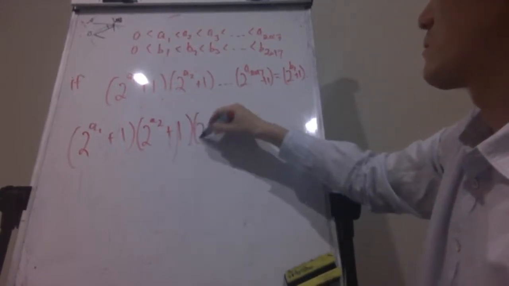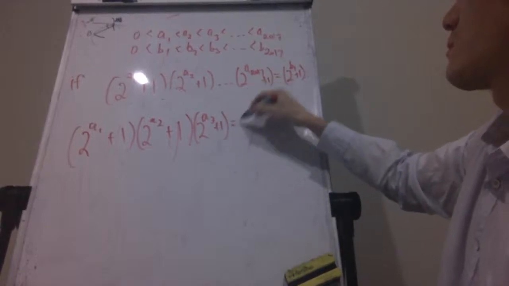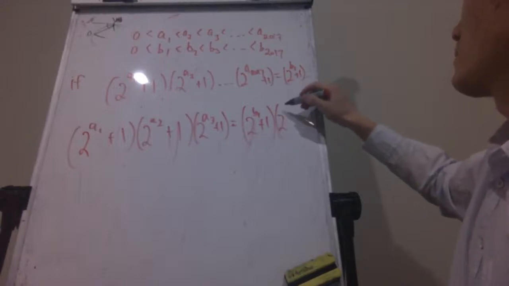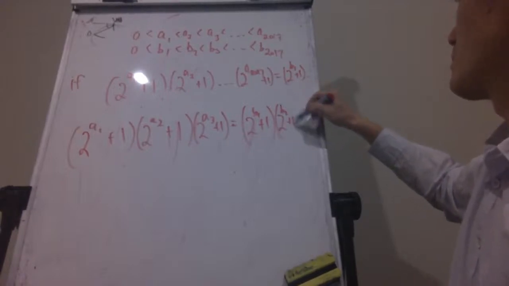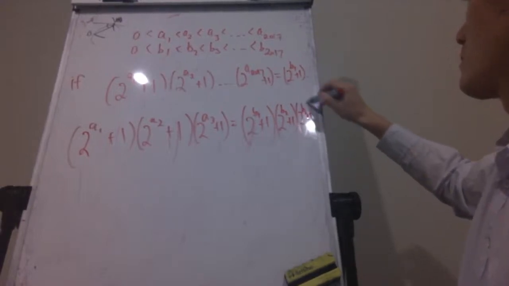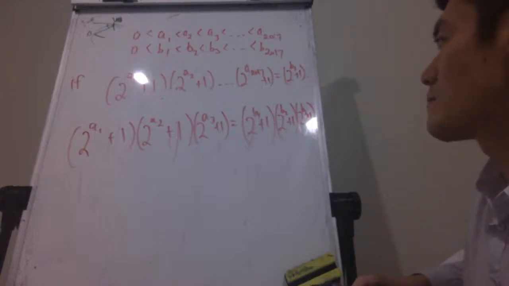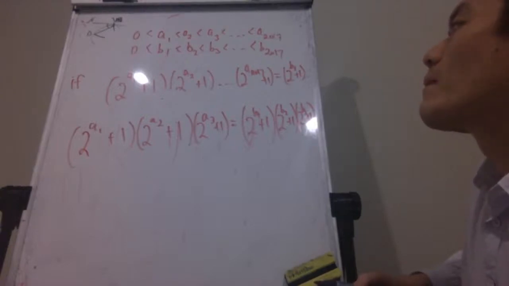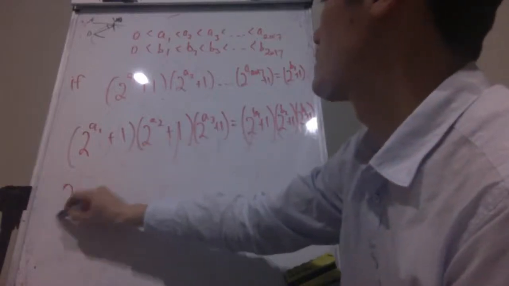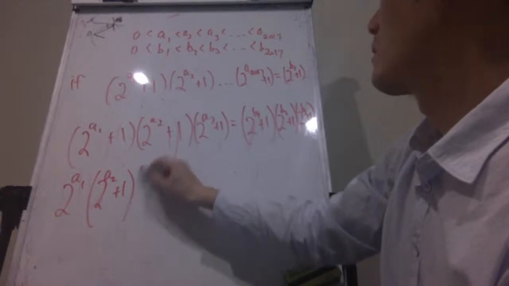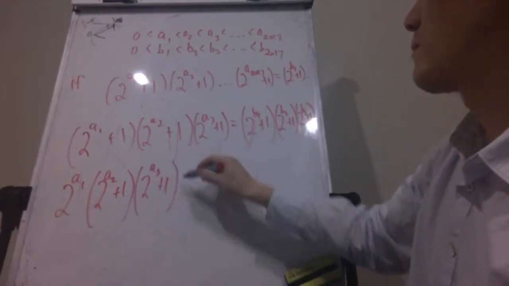Yeah, so this is expanded again: 2 to the a1 outside of 2 to the a2 plus 1, 2 to the a3 plus 1, right? Plus that, plus this again.